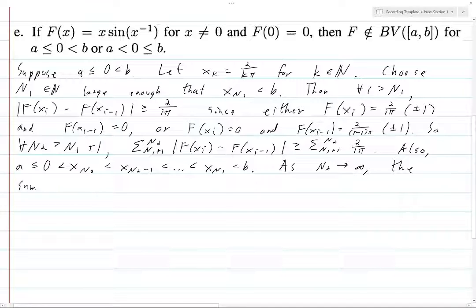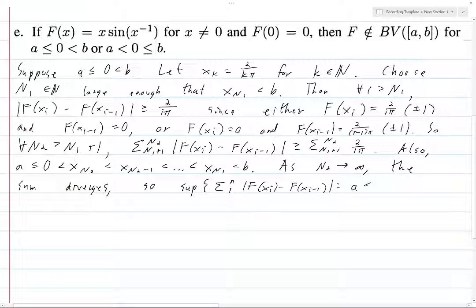the sum diverges. So the supremum overall, I'm going to write this out just so that it's very clear. So the supremum overall from 1 to n of f(x_i) minus f(x_{i-1}) such that a equals x_0 is less than all the way up through x_n is equal to b.